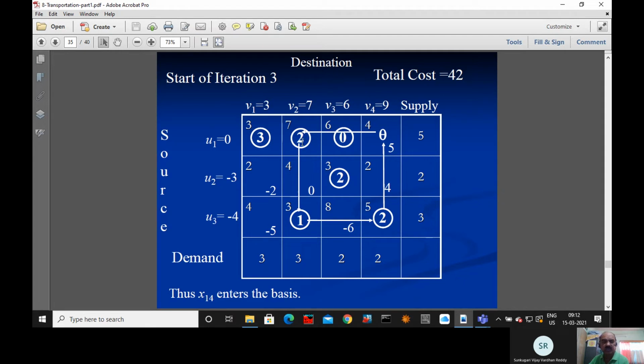As a result, this 2 becomes 0, this 2 also becomes 0, this theta becomes 2, and the 1 becomes 2 here. So which one should we drop? The 7 and 5. The 7 is more and 5 is less. So we have to drop the cell where the cost is 7, and we proceed.